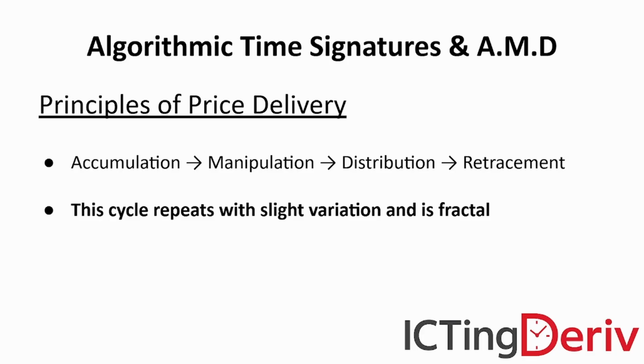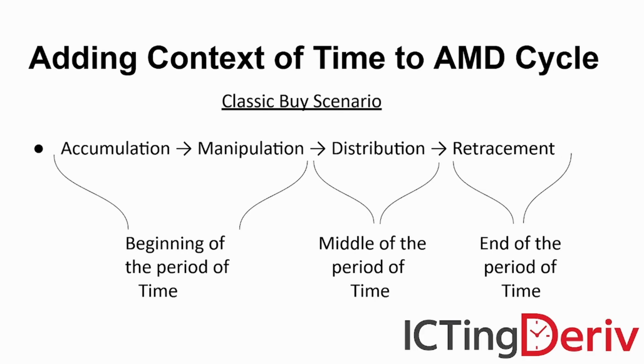So what do I mean by this? Let me just give you a context, right? When we're talking about the context of time in the AMD cycle, I'm not going to give you time frames for now, but I want you to just look at this in terms of principle.